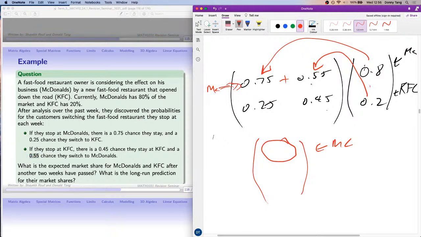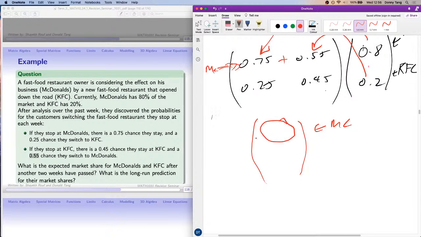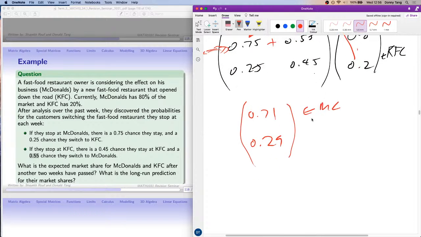All right. And look, I'm not going to do the calculations because I've already pre-calculated them when writing this question. The first state, after doing the calculations, is 0.71 and 0.29. Then you apply the state transition matrix again onto it.